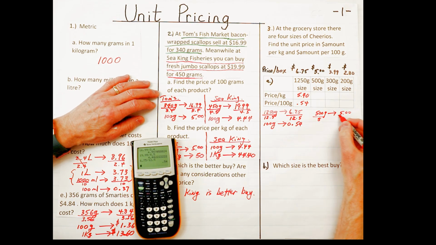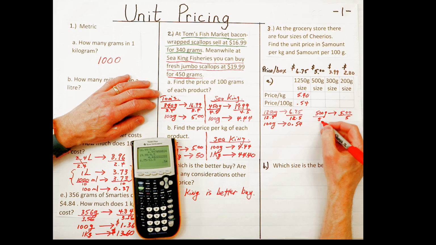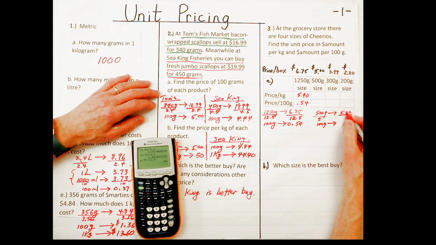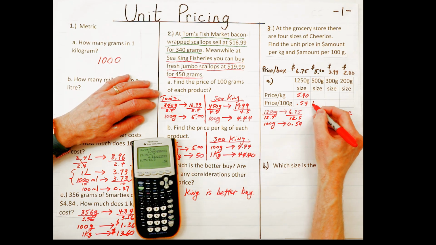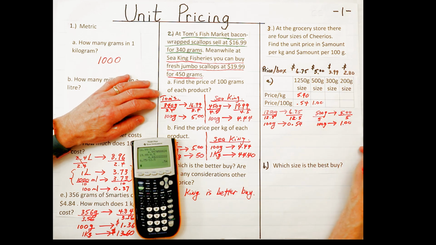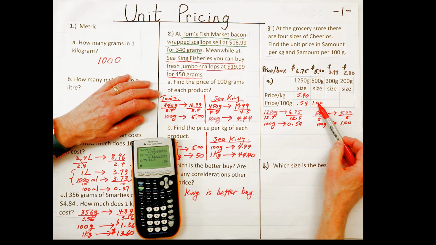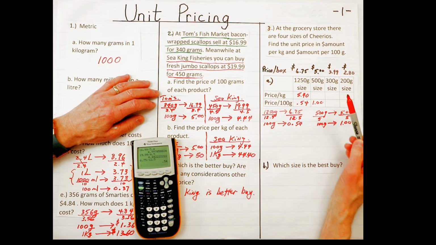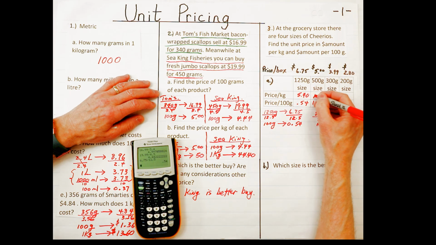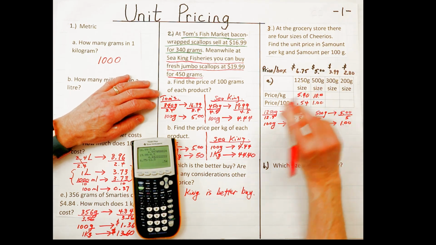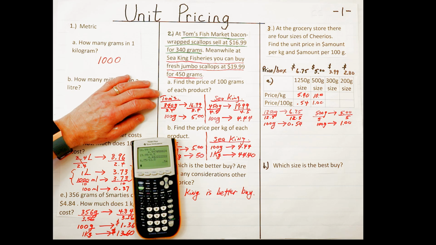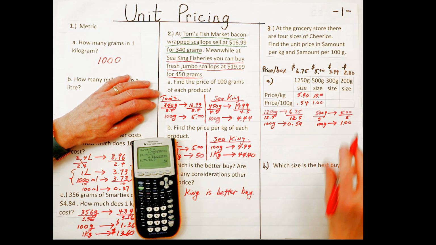Divide by 5, right? So here we get 100 grams, and 100 grams is what? $1. So down here we get $1 for 100 grams, and 1 kilogram is 1,000 grams, so we have to multiply this by 10 to get our price for 1 kilogram. So that's going to be $10. That look good? All right.